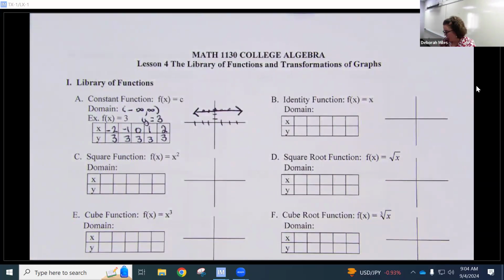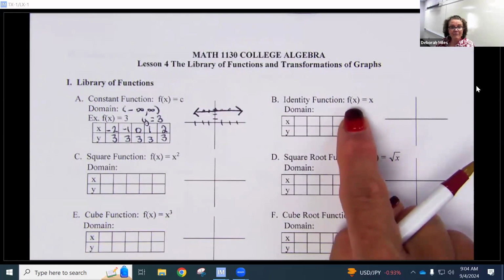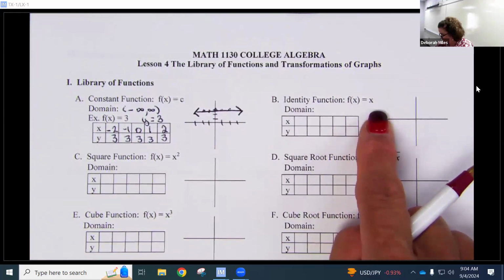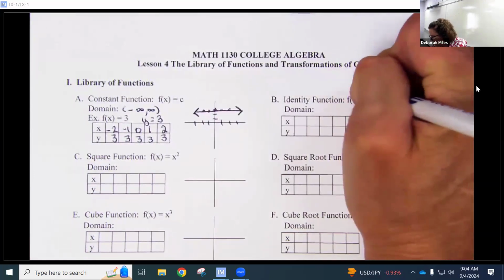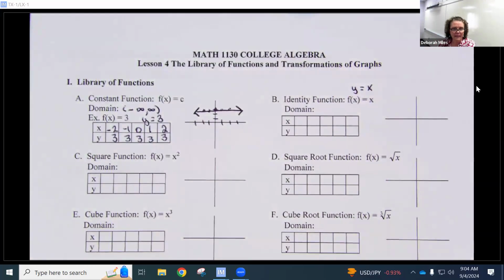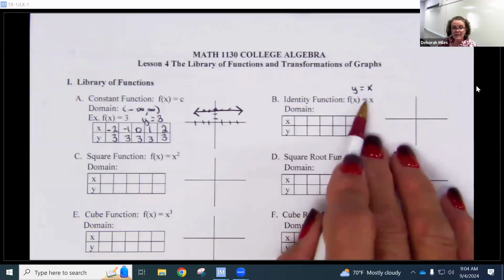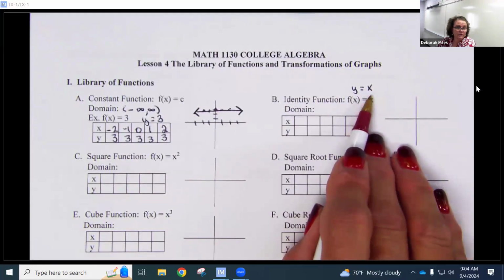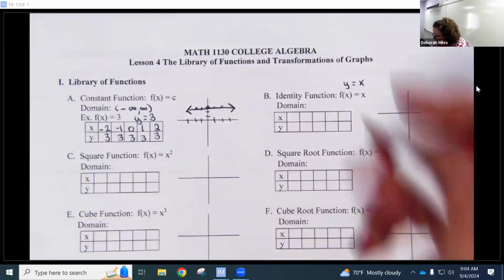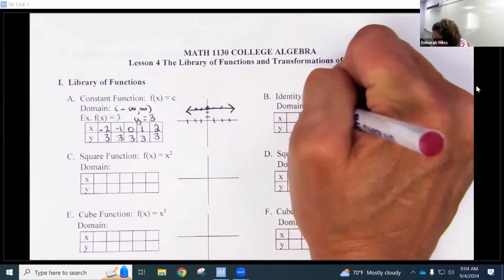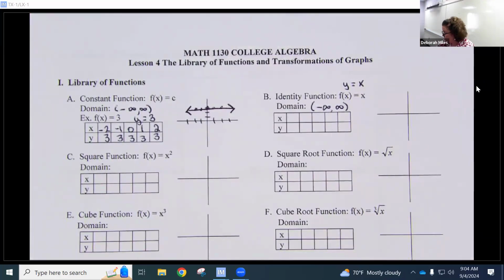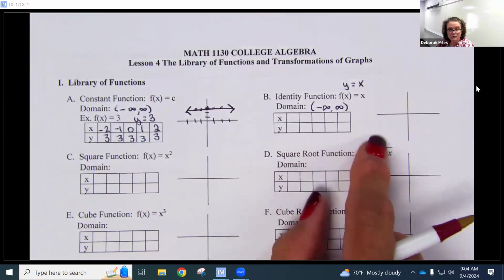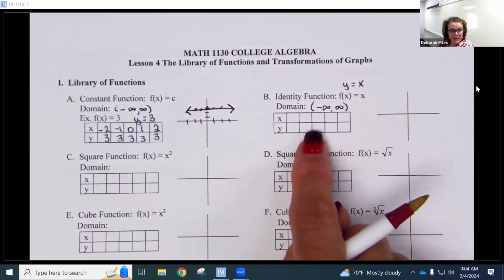All right, the identity function is just the f of x equals x function. And in place of f of x, we could always put y, the y equals x function. The domain of that function, anything you can let x be, well, you can let x be anything in the whole wide world. The domain is negative infinity to infinity. So you can choose any x's for your table. Again, my choices really aren't that random.